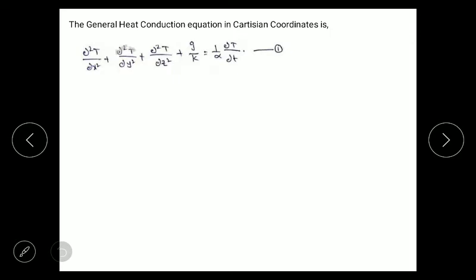Now, it is a one-dimensional steady-state heat conduction equation. As it is steady-state heat transfer, we already discussed in the previous video that for steady state ∂T/∂t, or dT/dt, is equal to 0.